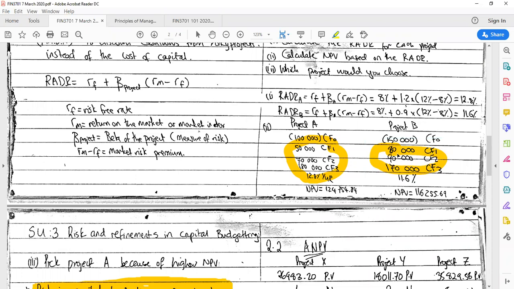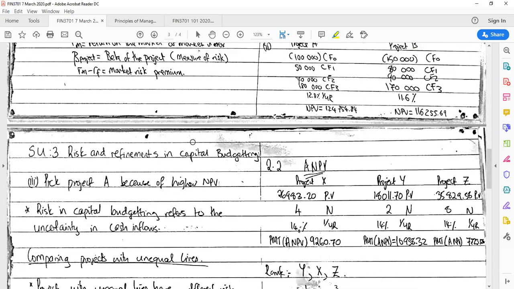It's always possible we might make an error, but we always know how to calculate our initial investment. That's today. There's no uncertainty with the initial investment, but there's always uncertainty with these cash inflows. So risk in capital budgeting has to do with uncertainty in these cash inflows because they come in the future, right? So that's just some important theory you need to know that could be asked in the exam. Risk in capital budgeting refers to uncertainty in cash inflows.